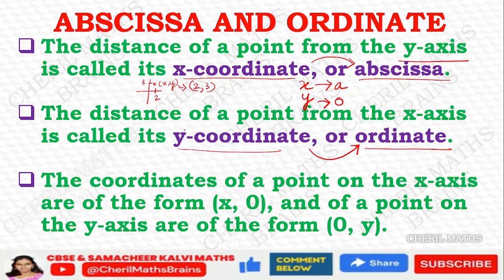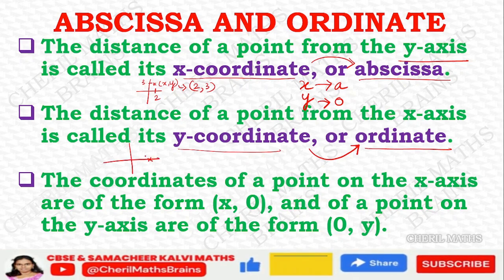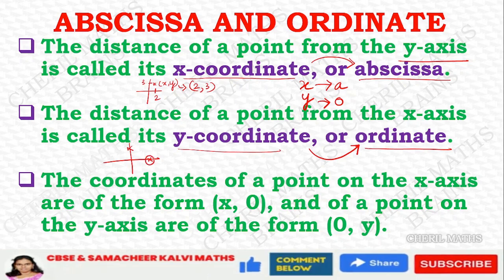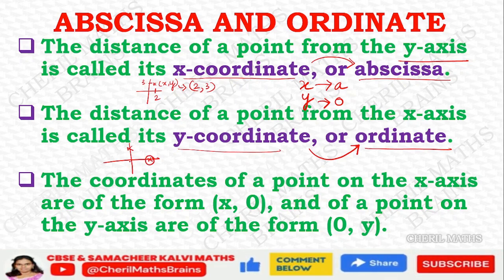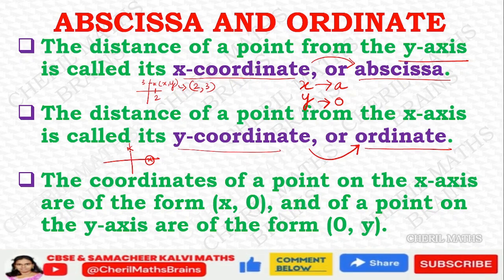Okay. Now what if you get a point on the x axis or on the y axis? If you get a point on the x axis, it means that the y value is what? 0. It has not moved any distance in the y direction.